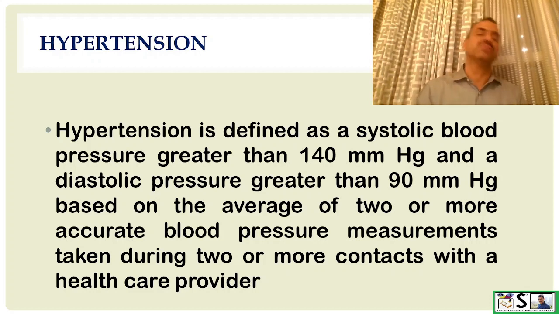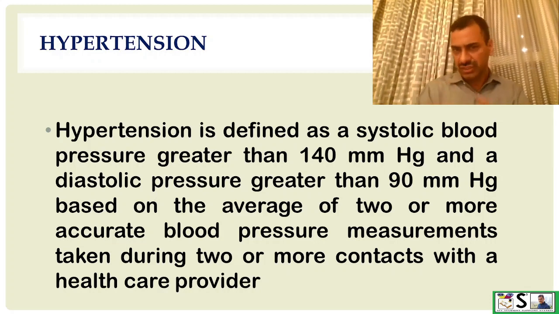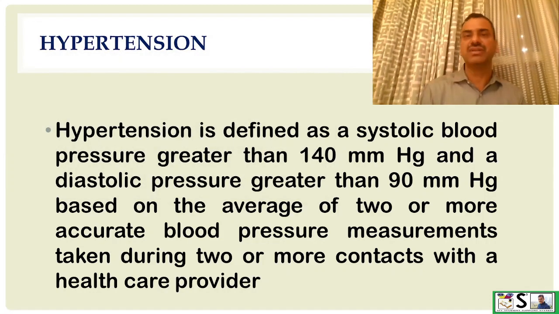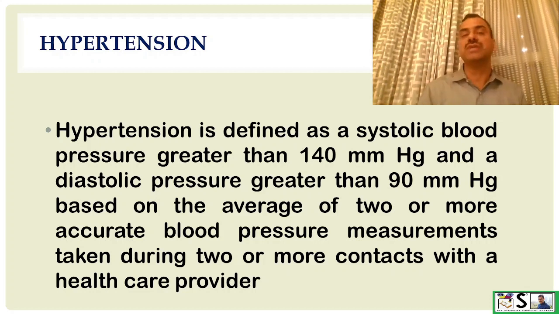So when you visit your doctor the first time and at first contact the BP is 140 by 90, then we cannot say that this is hypertension. Okay, so two or more contacts are necessary and two or more times we will check. If both times it is greater than 140 by 90 mm of Hg, then we can say that yes, it is hypertension.